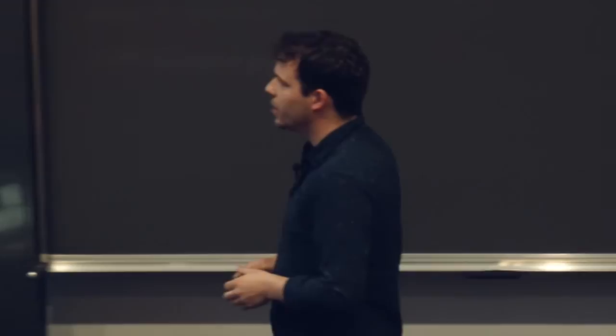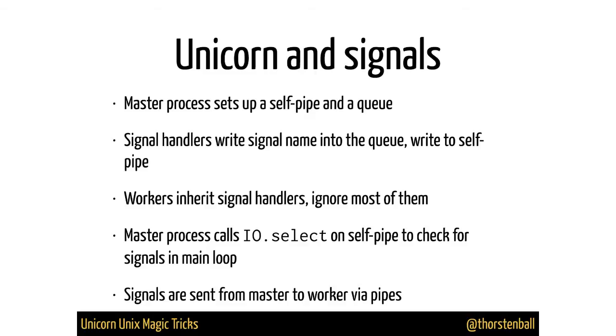To work around this, Unicorn has its own mechanism for dealing with signals, and this is the self pipe I mentioned earlier. When Unicorn boots up, it creates a pipe and a queue. Queue is the data structure, a queue. Now, it sets up different signal actions. The signal handlers themselves, the actions, they do nothing. They only write the name of the signal they just received into a queue and write 1 byte to the self pipe.